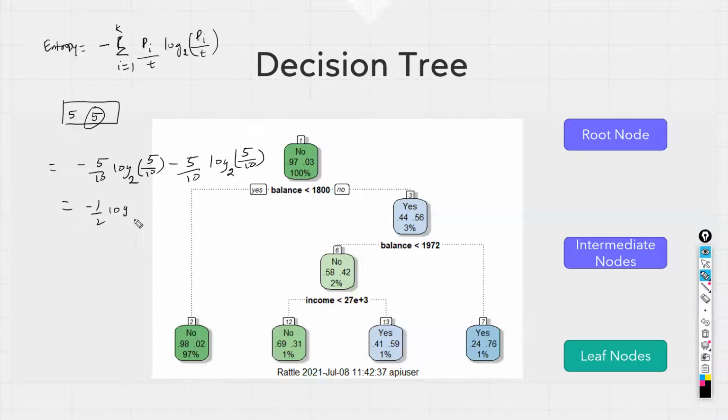Log of 1 by 2 is log of 2 to the power of minus 1, so the minus 1 comes out, and log 2 to the base 2 becomes 1. So this is 1. Entropy has a range of 0 to 1, where 0 means pure and 1 means impure.